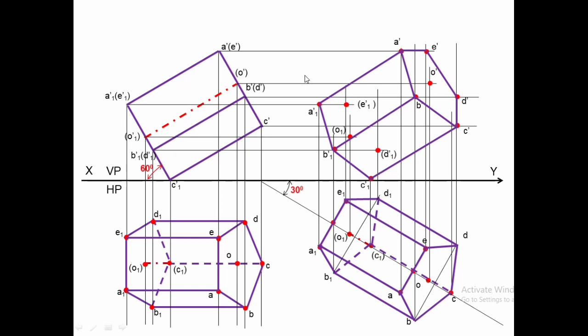Mark them with thick dashes. And the longitudinal edges also by thick line, that is D1, E1, and finally mark the axis of the prism.